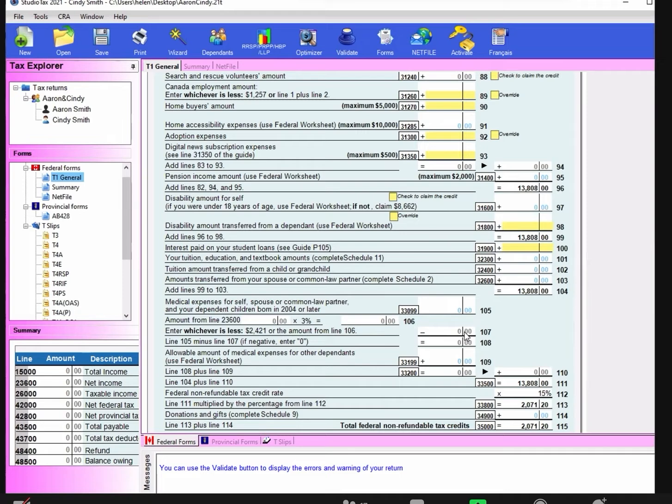The total number is the same, but 107 is different. Why? 107 is 3% of your net income, and Aaron's and Cindy's net income is different. Of course, everybody's net income is different. So the 107 is different. So we need to find the big 107, or we need to find the less 107.